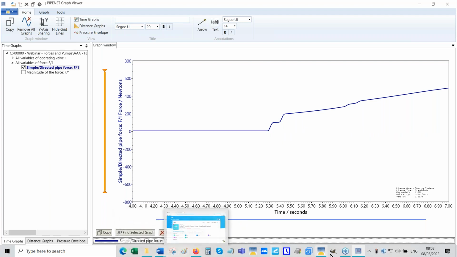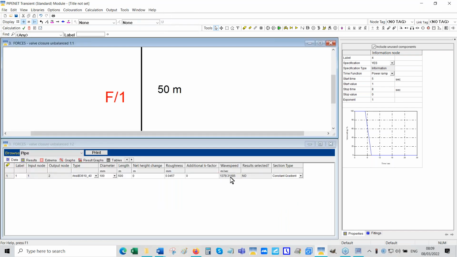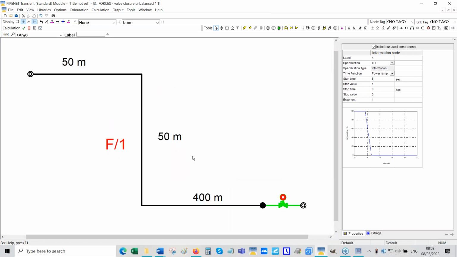You know, what I said was that force will start to increase when the pressure surge reaches that elbow. So if you look at the wave speed, let's say it's 1380, and the pipe length is 400.